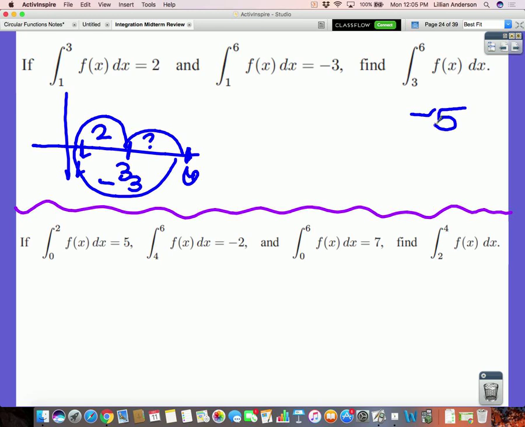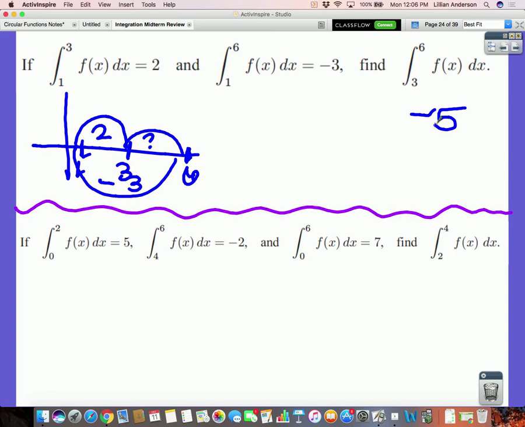Question on that? This one down here, from 0 to 2, the area is 5. From 4 to 6 is -2. From 0 to 6, it would be 7. And you have to find that one missing area from 2 to 4. Do that on your boards.